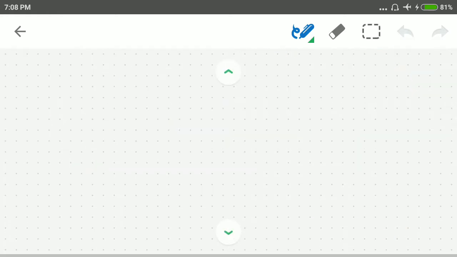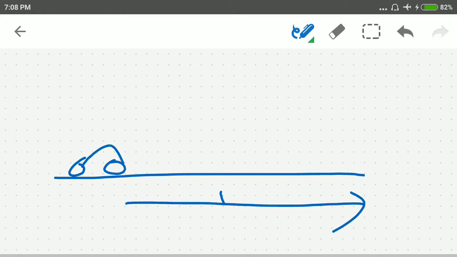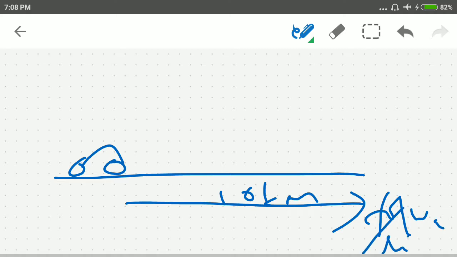So let me give the same example with some better understanding. See, I have moved 10 kilometers in the forward direction or right direction.